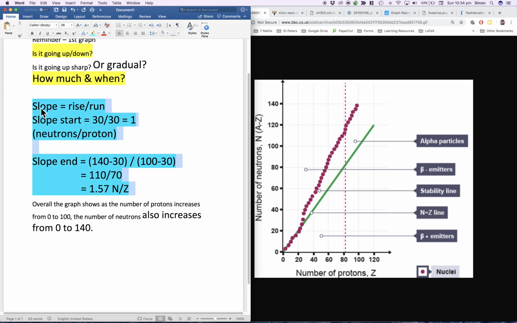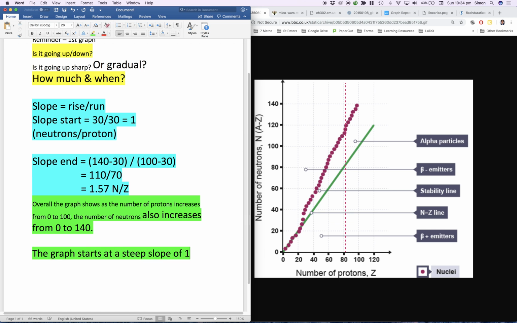Now that I've got my thinking done, I can introduce it into my written paragraph. So I'm going to highlight. This is the writing bit. Oh no, what happened? Okay. The change in the graph starts at a steep slope of 1 neutron per proton between 0 and 30 protons on the x-axis.